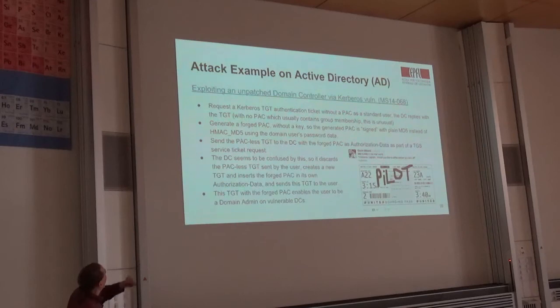So the attacker now exploits this to say, okay, here's an authentication ticket without a PAC as a standard user who the attacker has compromised, and so the attacker can sign in as Alice, and then the Active Directory domain controller replies with a ticket granting ticket, again with no PAC, without adding a PAC, which is unusual on today's networks, but apparently not disallowed.